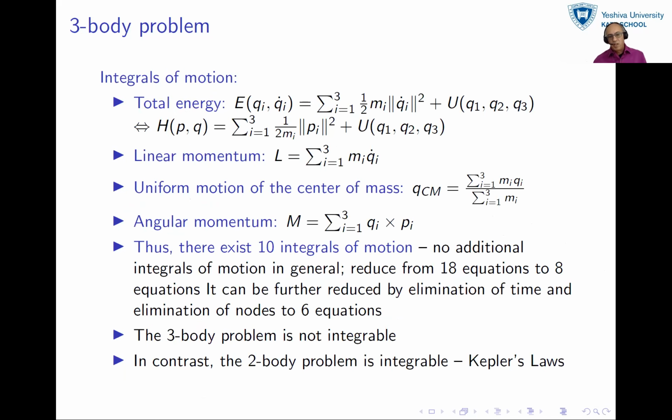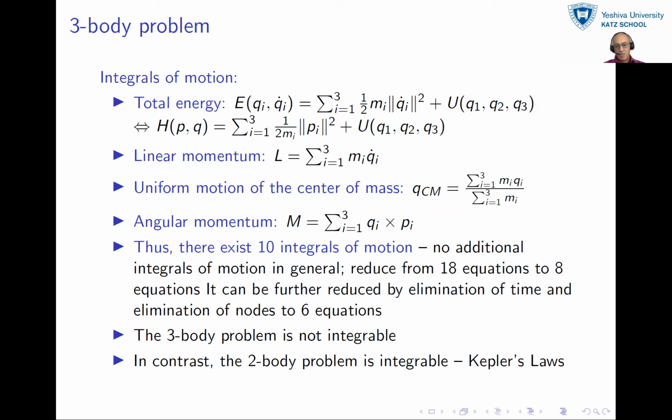Not only do you have energy conservation, the total energy, kinetic plus potential, is conserved, but there are other physical quantities that are also conserved by the motions, like linear momentum, the motion of the center of mass of the system, angular momentum, and so on.